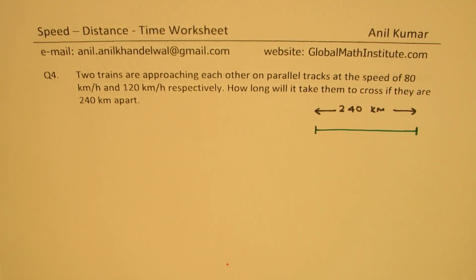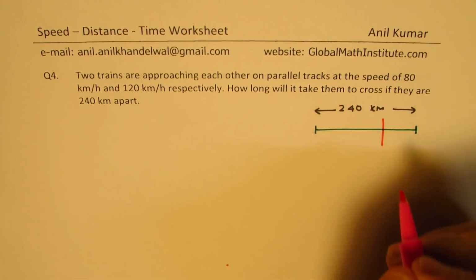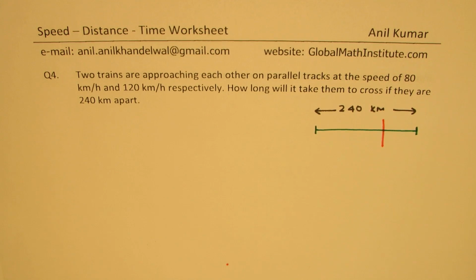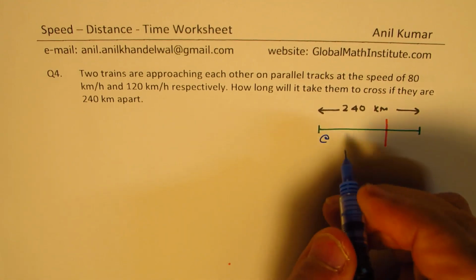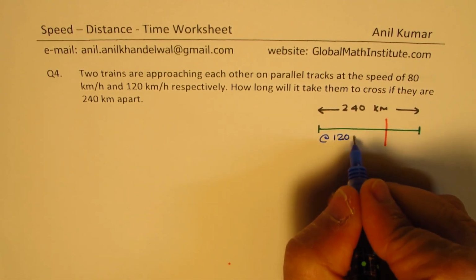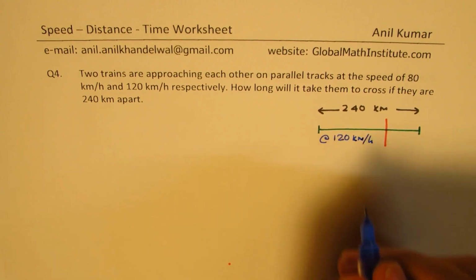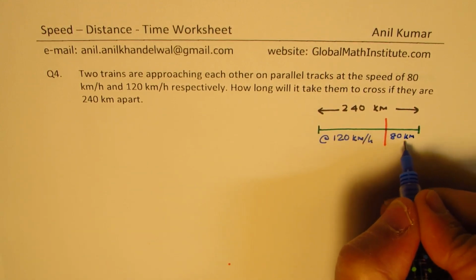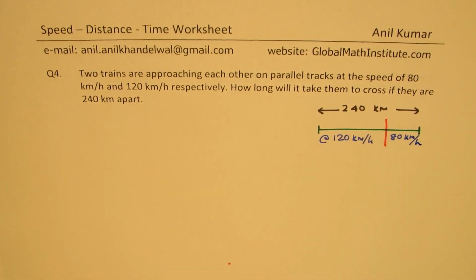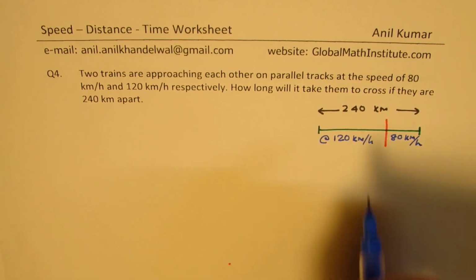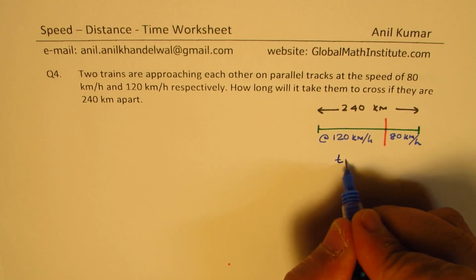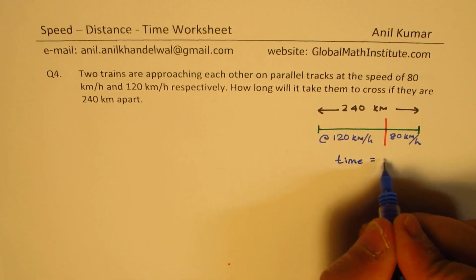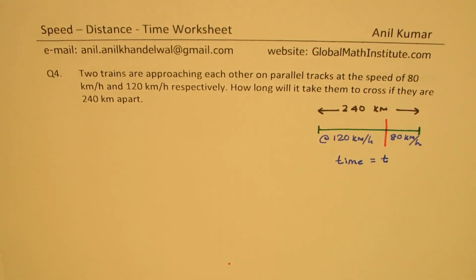Now one train is moving much faster than the other, so let's say they cross somewhere here. And we're saying that this is coming at the rate of 120 kilometers per hour, and the other one is at 80 kilometers per hour. And let us say that the time taken is t. They will of course travel for the same time, correct?